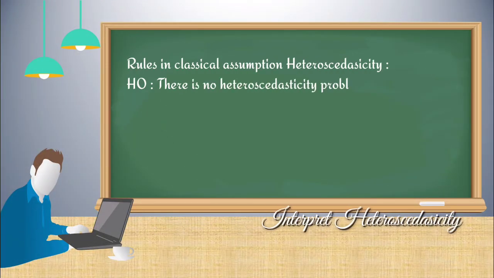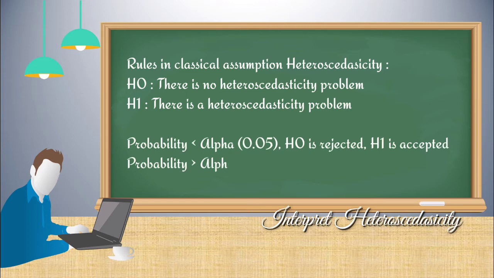The rule in the classical assumption for heteroscedasticity: H0 means there is no heteroscedasticity problem, H1 means there is a heteroscedasticity problem. If the probability is less than alpha or 0.05, H0 is rejected and H1 is accepted. If the probability is more than alpha or 0.05, H1 is rejected and H0 is accepted.